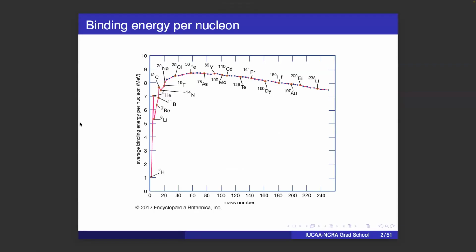Here it goes up and down because many isotopes are available. The number of neutrons can change, and therefore that can change the binding energy. If you have, let us say, 3 protons and 2 neutrons, and you add 1 more neutron, that can change the binding energy.